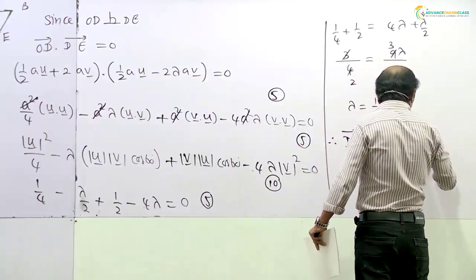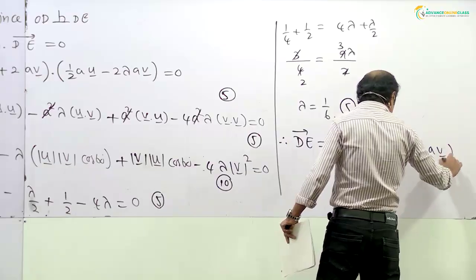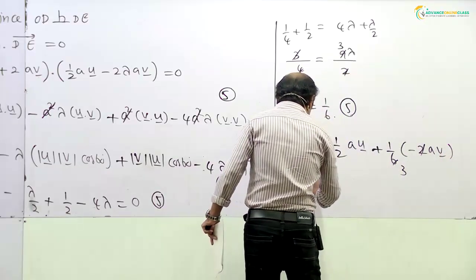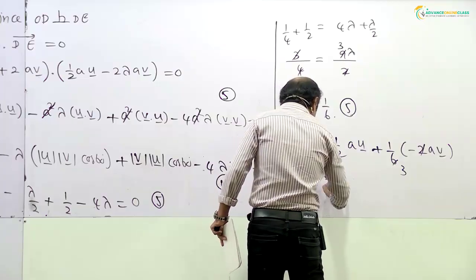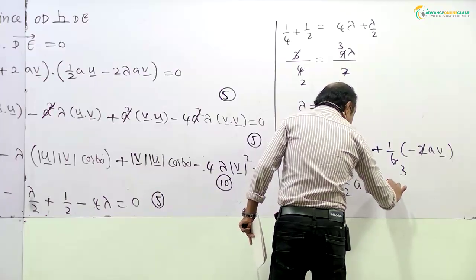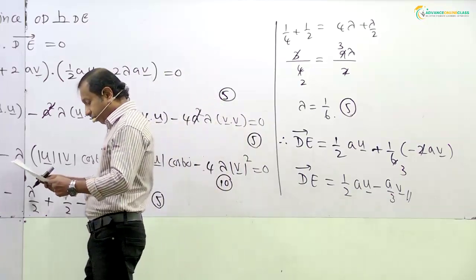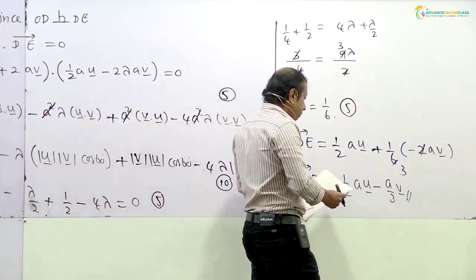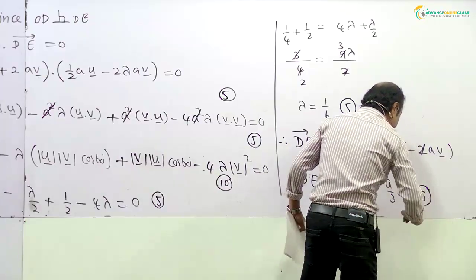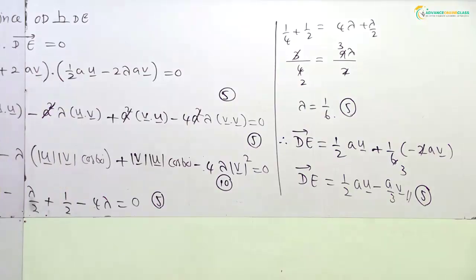Lambda, 1 over 6, minus 2AB. This and this you can cancel down. DE equals plus and minus minus A by 3 B. Okay, no? 5 marks coming. Right. DE, okay.